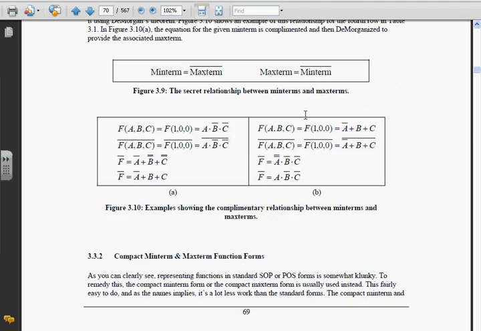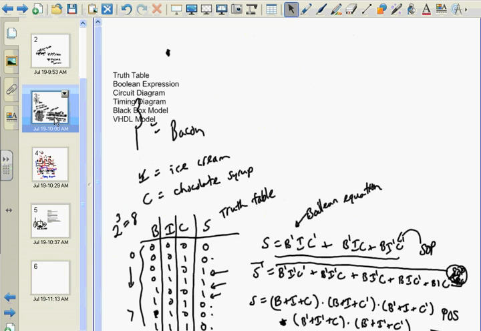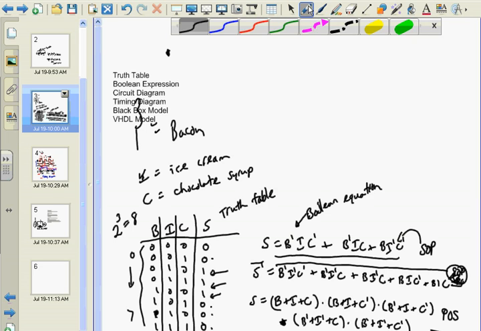So if we were to write our circuit in compact minterm and compact maxterm form, let's pull up our previous truth table. You can see from our truth table, this is the 0th entry, the first entry, 2nd, 3rd, and 4th. So for us, in our compact minterm form, what would we get?